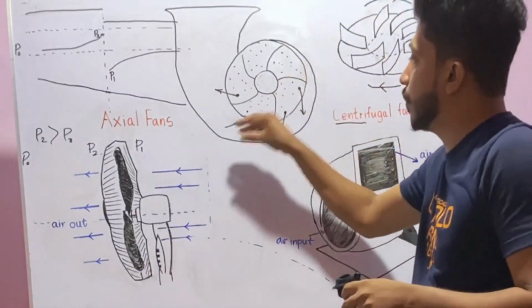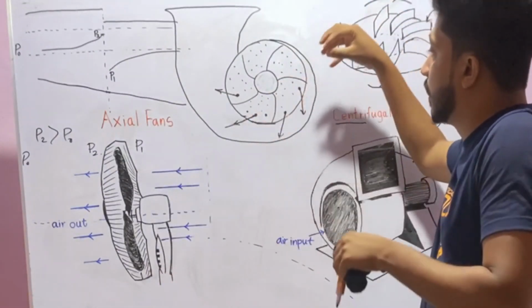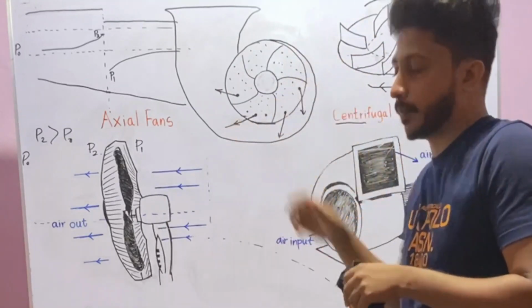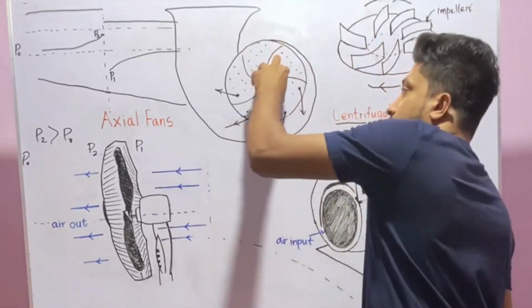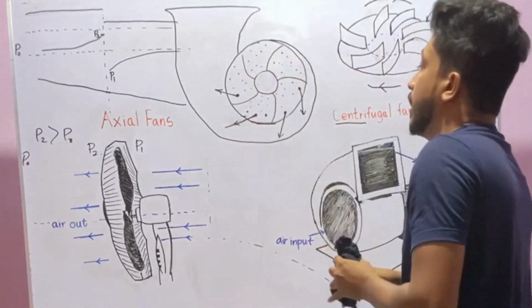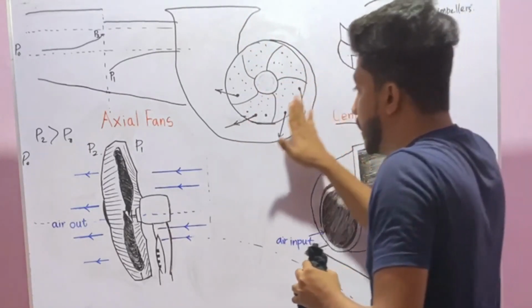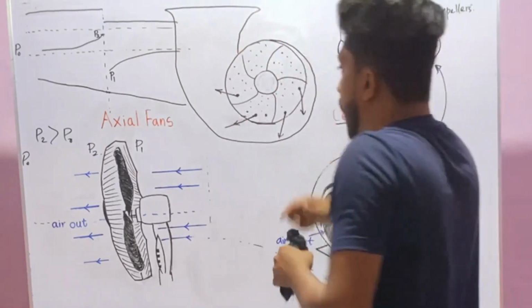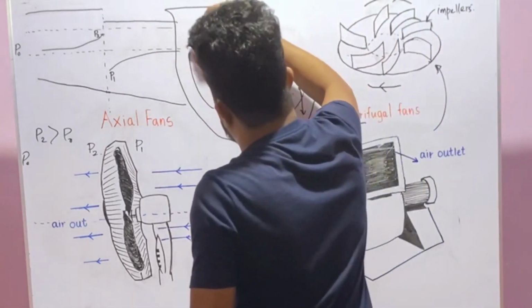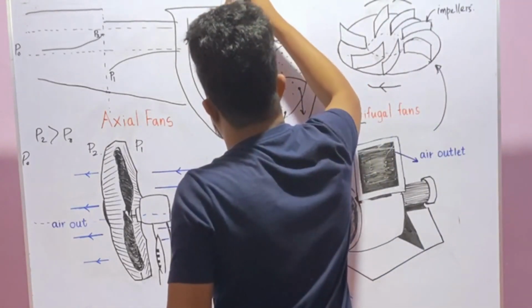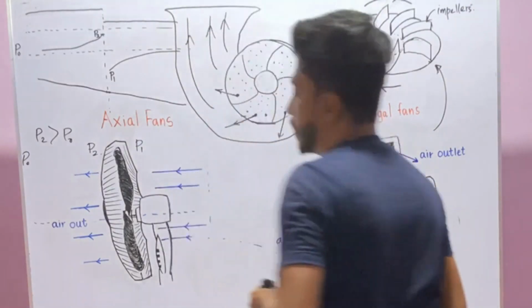Due to that centrifugal force, air is released from this disc. When air comes in this direction, due to the centrifugal force, air moves off this disc in this plane, and all the air will be moved at high velocities from this outlet.